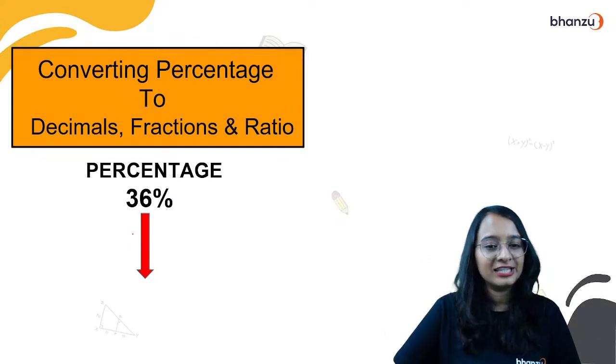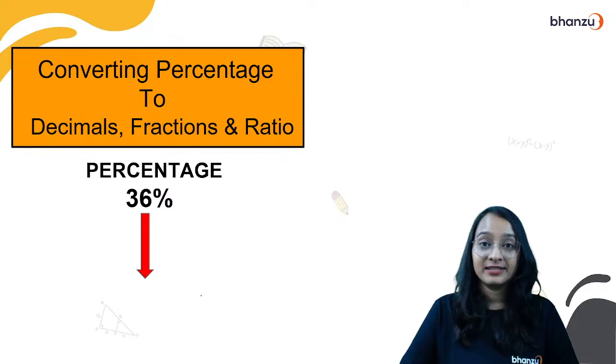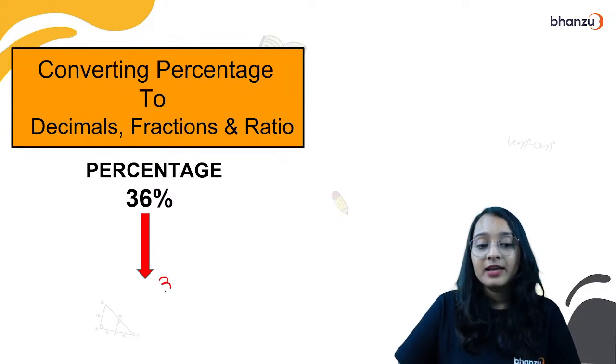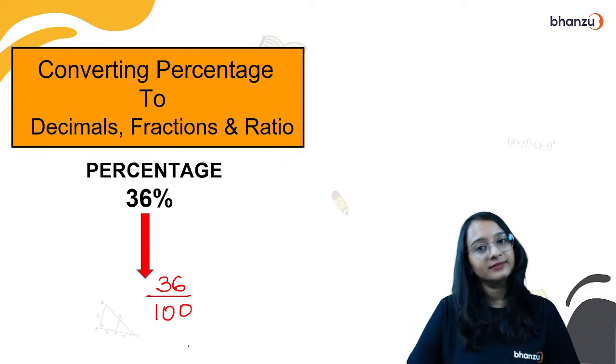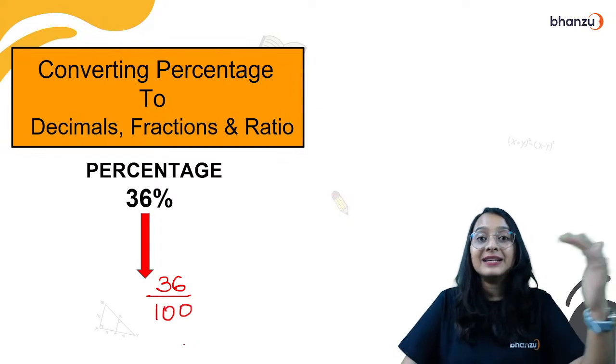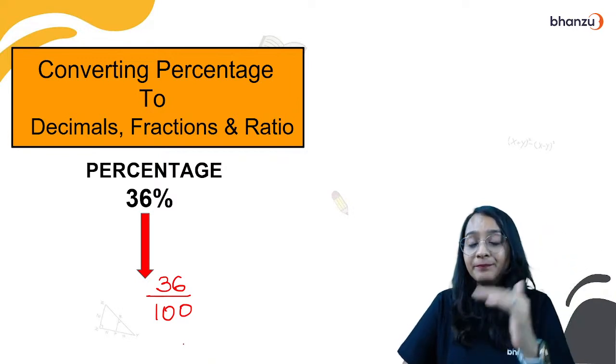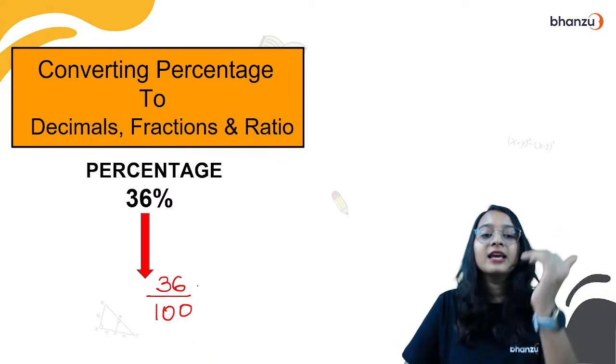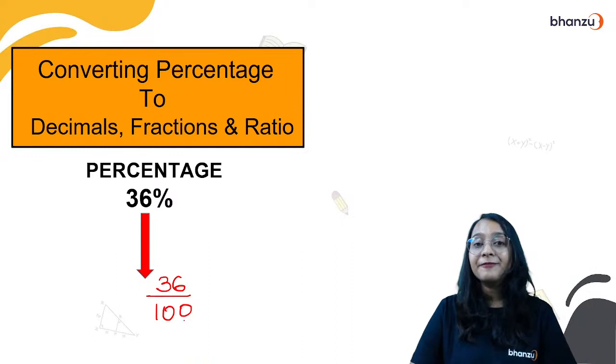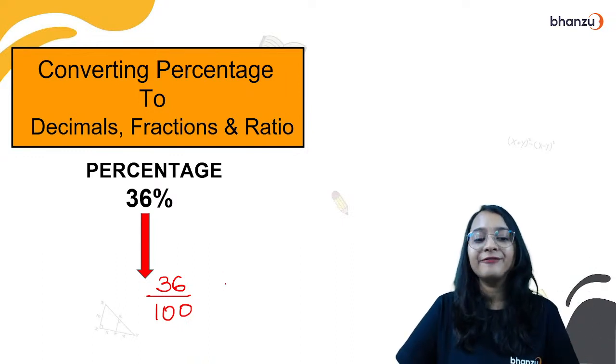Easy peasy pizza cheesy here. So 36%. What does that mean? 36 divided by 100. That's what 36% is. Percent is per 100 units, right? So 36 by 100. Now this is our fraction, but we would like to simplify it further.